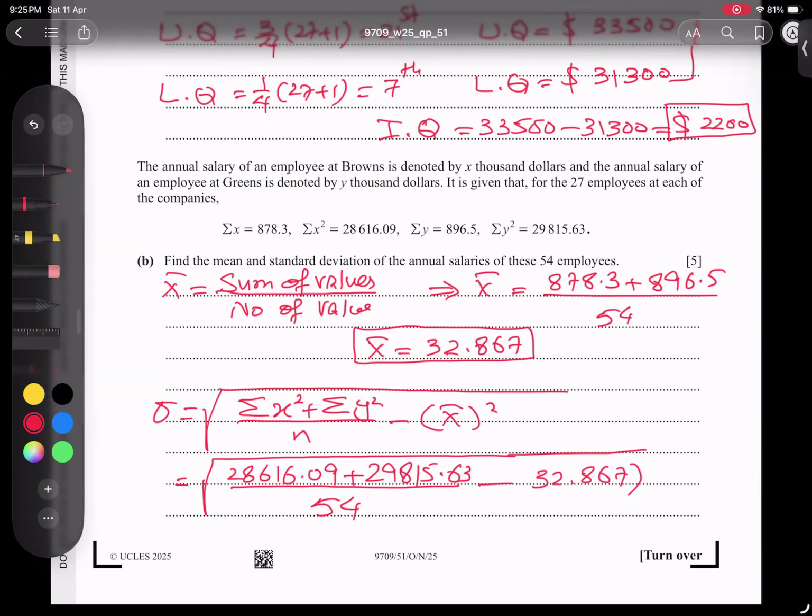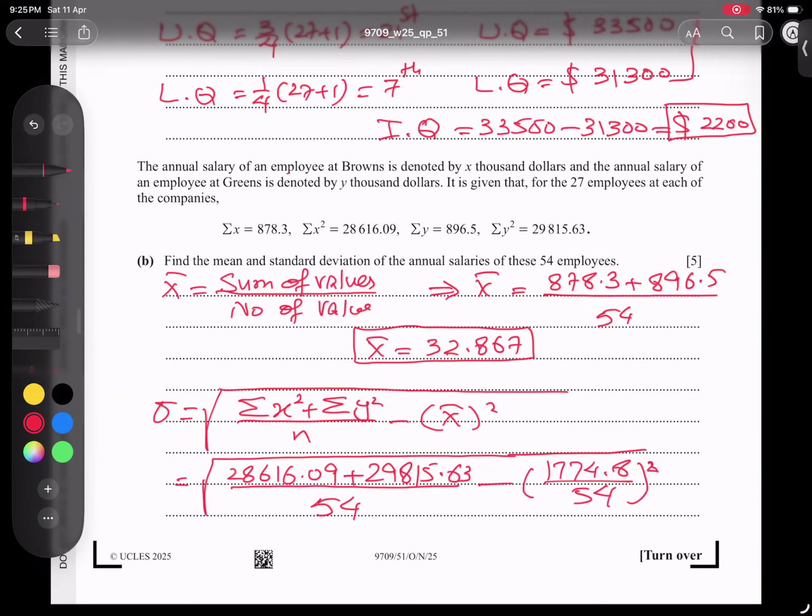Or we can write it in fraction form, 878.3 plus 896.5. This number we are getting is the same thing; we have done it at the top already. You can write this here, no problem at all. So 1774.8 divided by 54, and the whole squared.